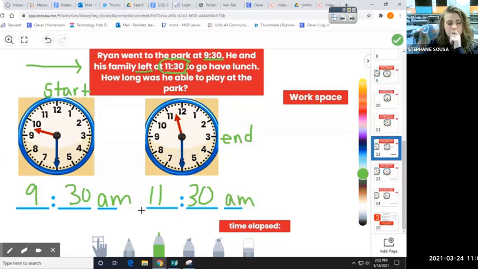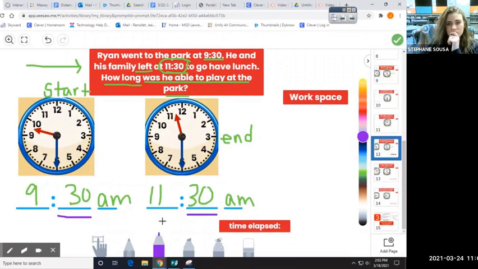So what does my problem ask me to solve for? My question says, how long was he able to play at the park? In this example, I'm looking for how much time has passed between 9:30 and 11:30 a.m. The first thing I can do is notice that my minutes are the same.